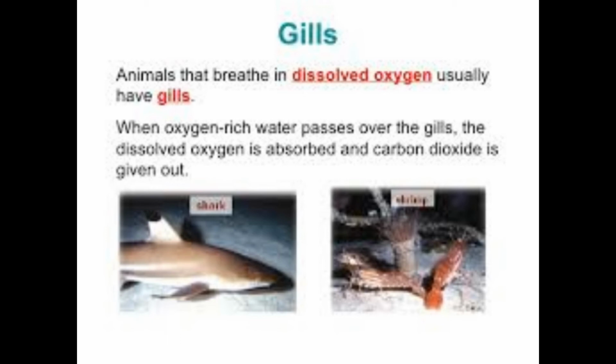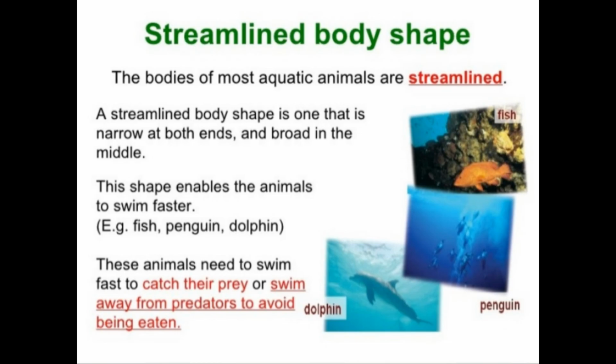When oxygen-rich water passes over the gills, the dissolved oxygen is absorbed and carbon dioxide is given out. The same work is done as the lungs are absorbing oxygen and dropping out carbon dioxide through their hemoglobin in the blood. The gills are doing it by themselves.